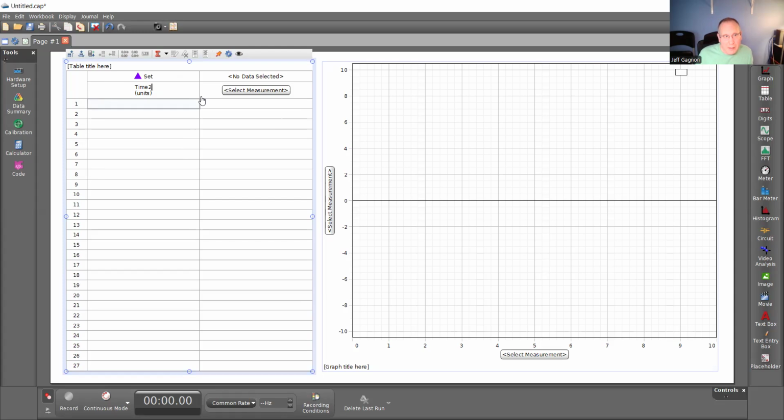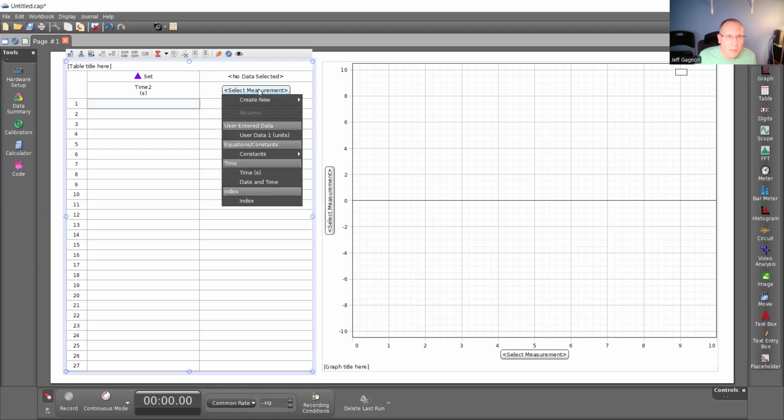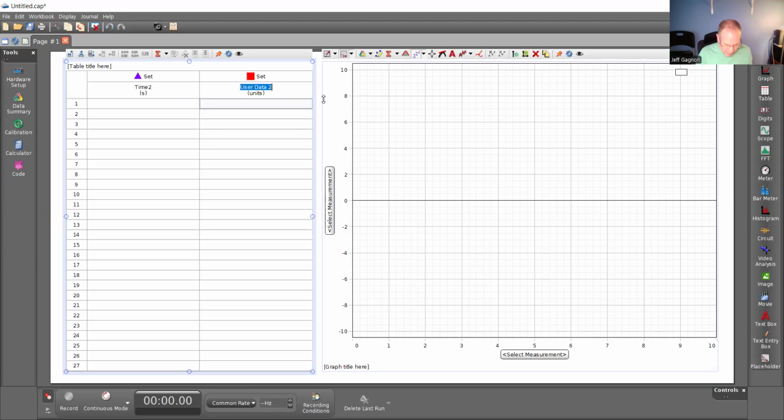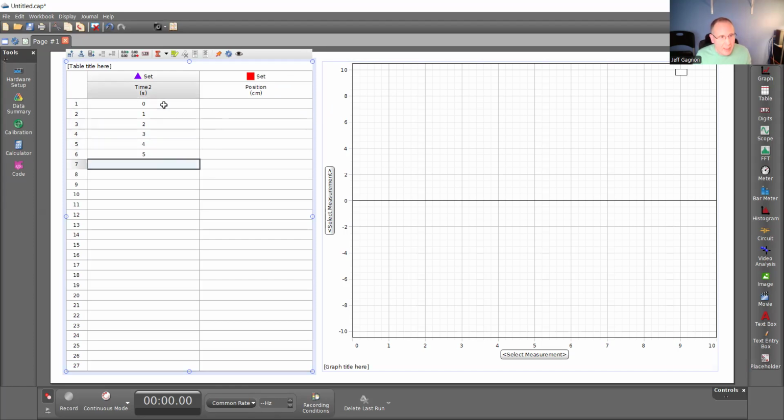Hit tab or enter. And then for the units, we want time to be in seconds. Okay. And then for the second column, create new, user enter data. I want it to be position, and then I want the units to be centimeters. Okay, let me just make up some data here. Let's say my times are 0, 1, 2, 3, 4, 5 seconds.